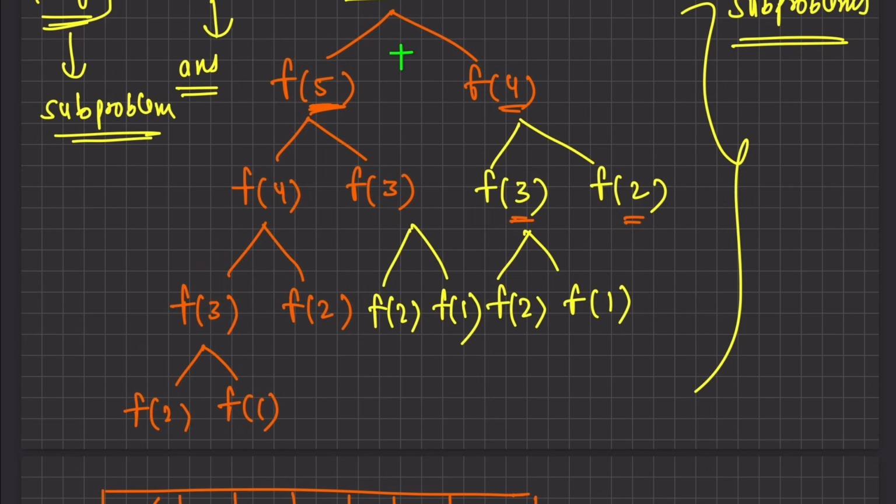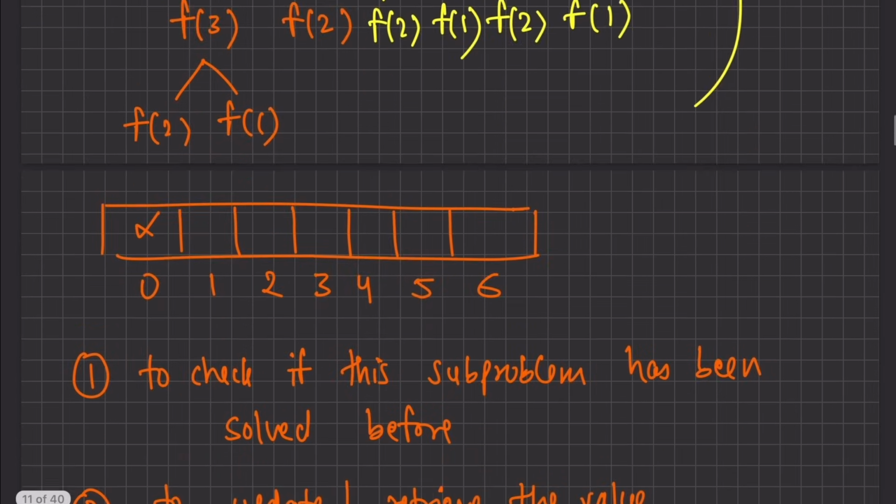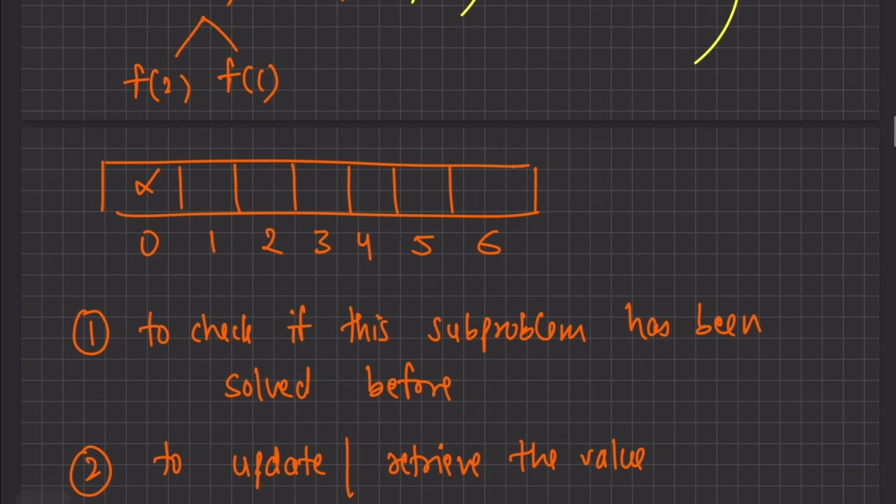How do we do that? Understand it like this. All the values of the Fibonacci number can go from 1 to a very big number, like f of x can go to, let's suppose, 10 to the power 18. We know for a fact that all of these numbers are going to be positive, from 1 to as high as possible. So what we can do is store some default value in all of these places, which will determine that this value hasn't been calculated before.